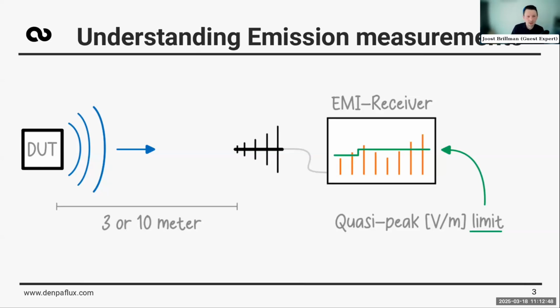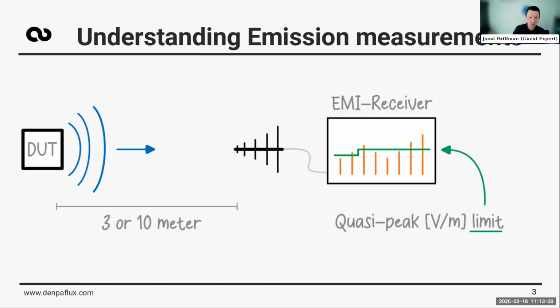And then there's an EMI receiver. That's measurement equipment that looks like a spectrum analyzer. It's a little bit different on filtering, but you could think of it as a spectrum analyzer because it sweeps all different frequencies and measures the amount of emission coming out of your product, and registers that.